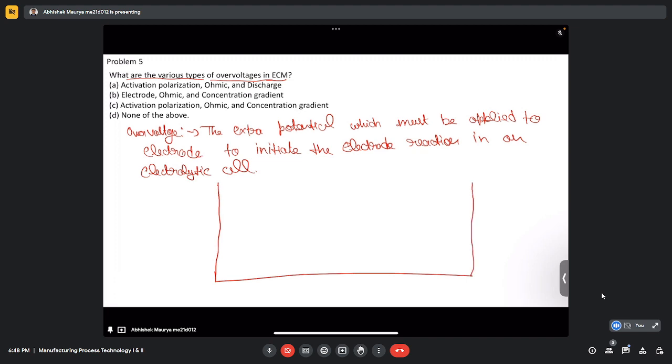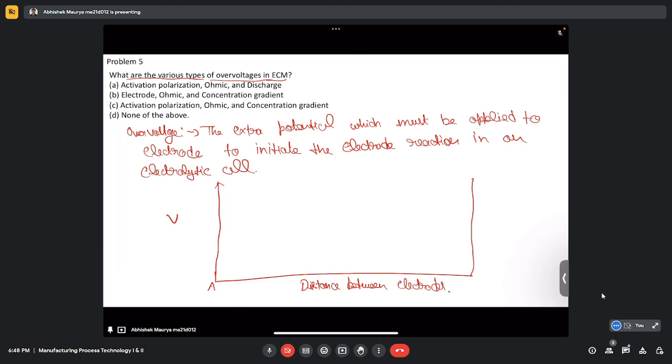So here I will show this is the distance between two electrodes. On the y-axis I am showing voltage, and on the x-axis I am showing the distance between electrodes.